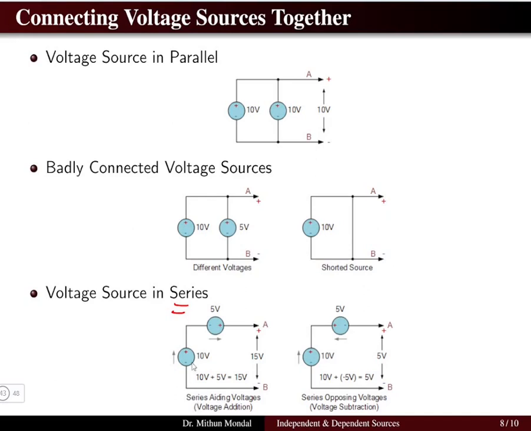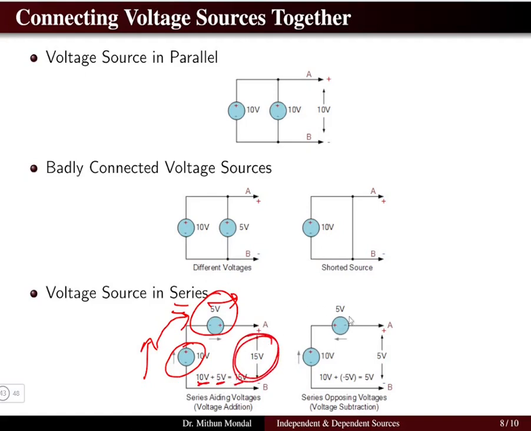For example, here we have a 10 volt source and here a 5 volt source, and both sources are in the same direction, which is increasing potential. So we can say that the sources are additive in nature. 10 volt plus 5 volt will give 15 volt at the output.